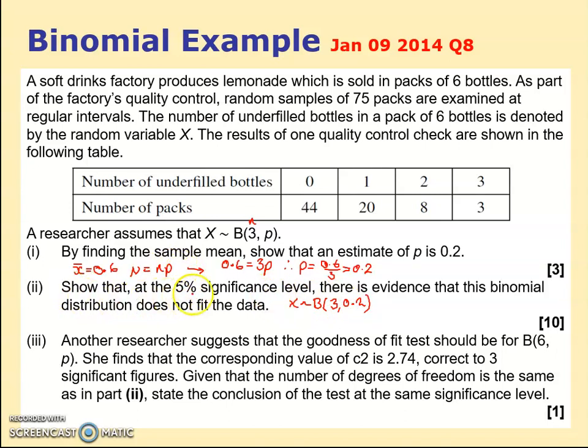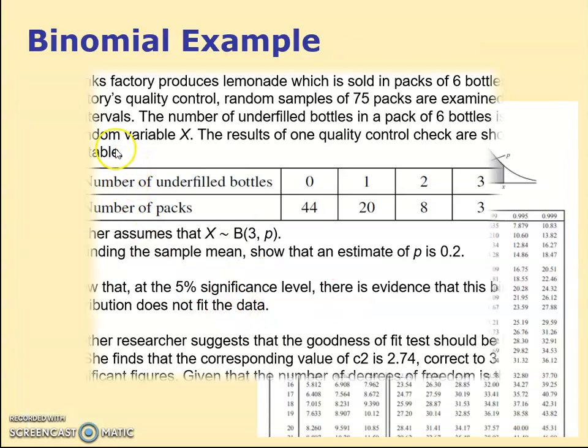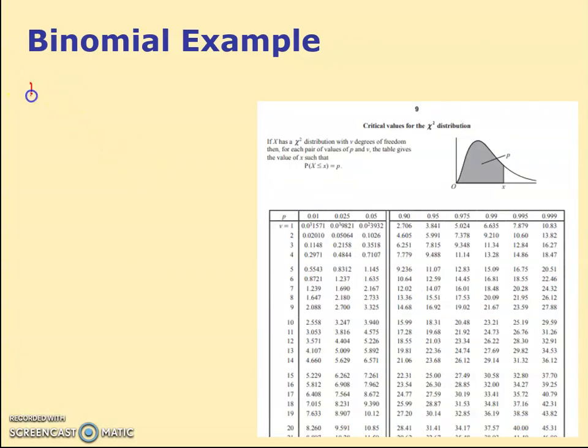And it says, show that at the 5% significance level, there is evidence that this binomial distribution does not fit the data. Well, what would I do here? First of all, I would write my hypotheses out. H0: the data can be modelled by the binomial distribution.